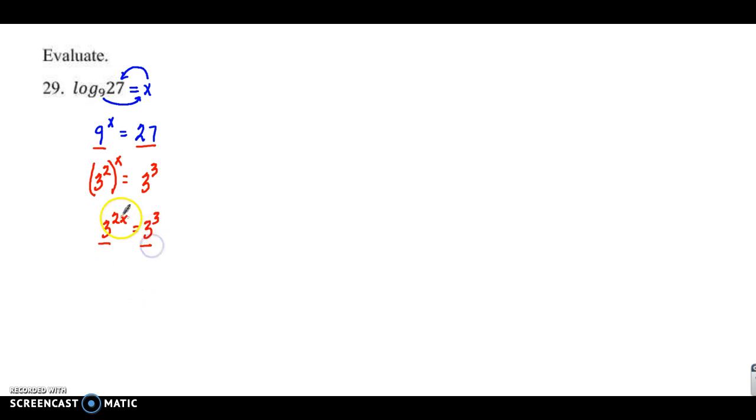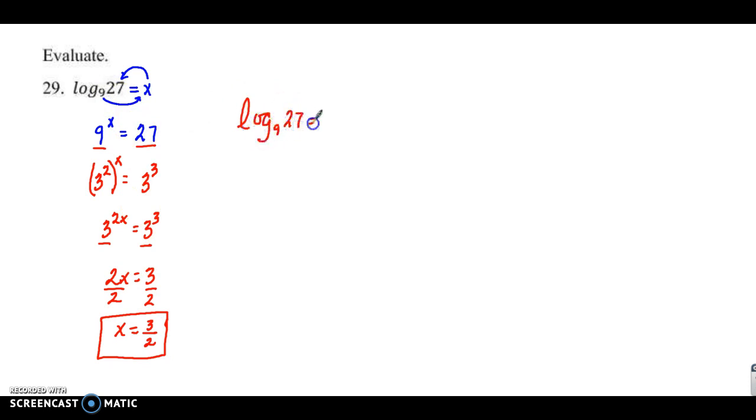And when my bases are the same, then I know that my exponents must be equal as well. And when I solve, I would just divide both sides by 2 and get x is equal to 3 over 2. Which means log base 9 of 27 is equal to 3 over 2. And that's what they're looking for. Okay?